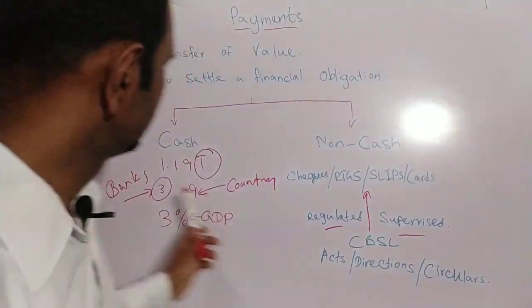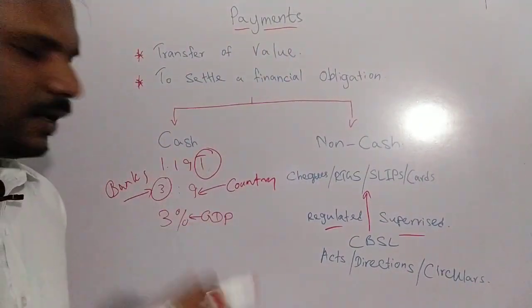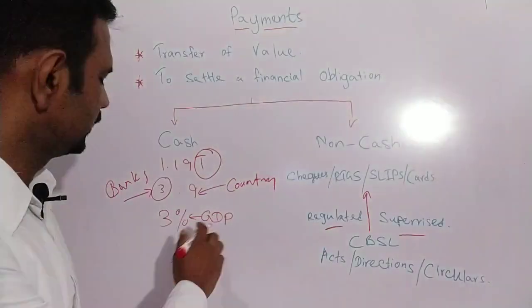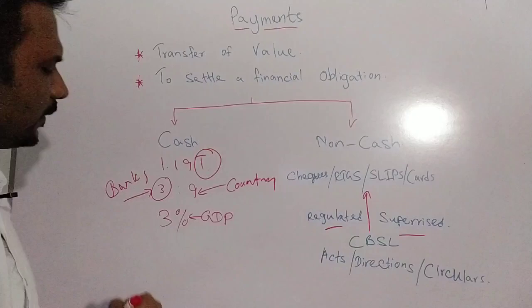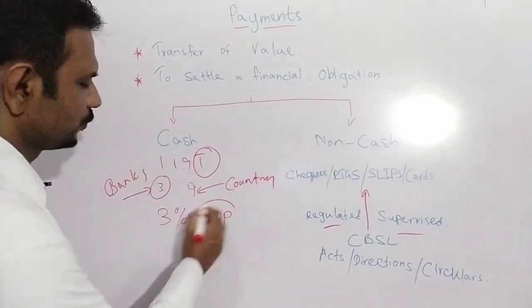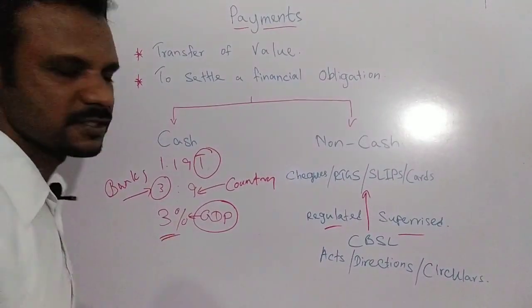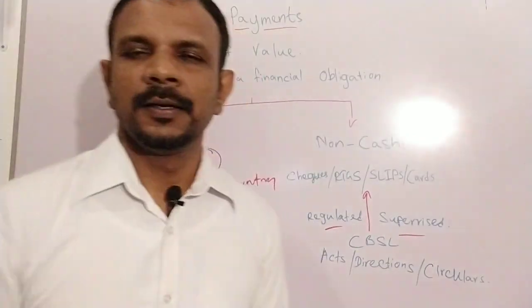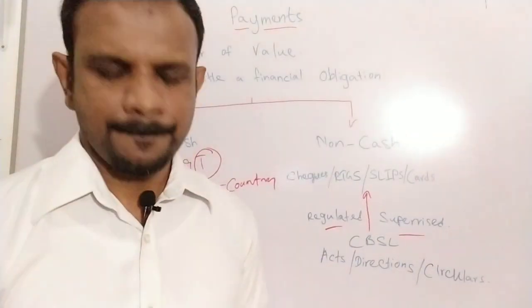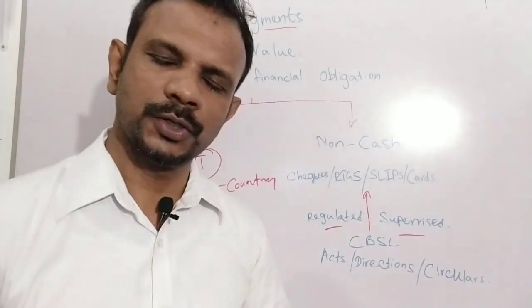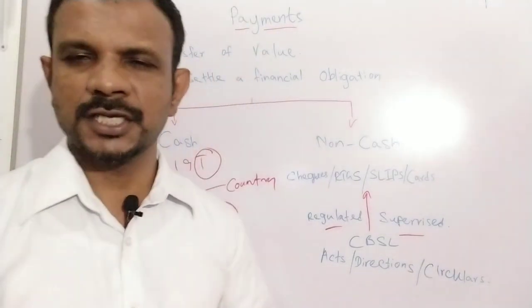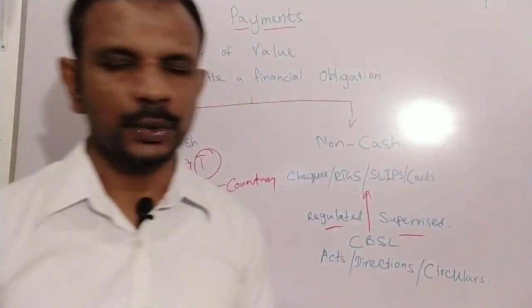So at the beginning I gave you this amount, guys. Out of GDP, something like 3% is being used for printing cash, basically, in Sri Lanka. When I talk about printing, it's not only printing cash, but also producing those coins.